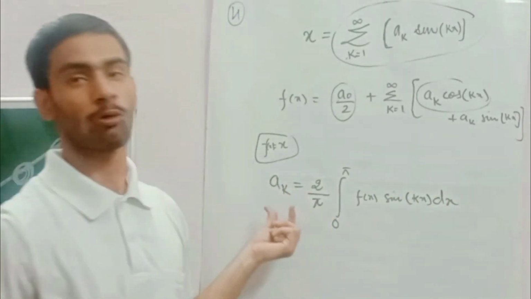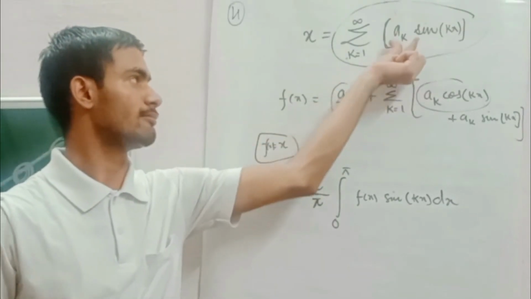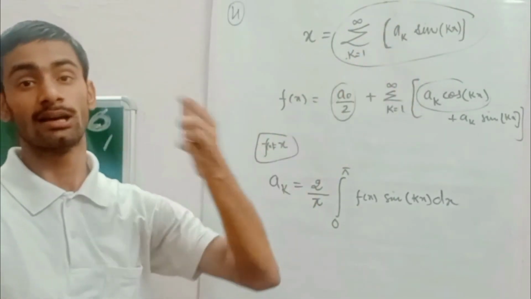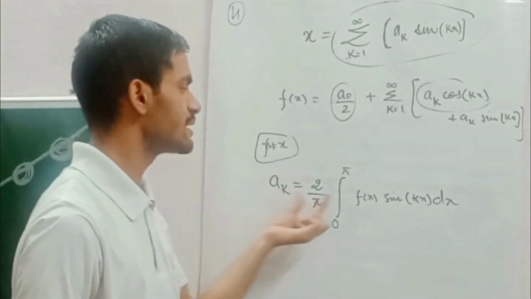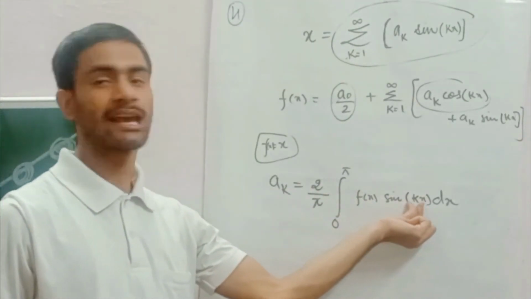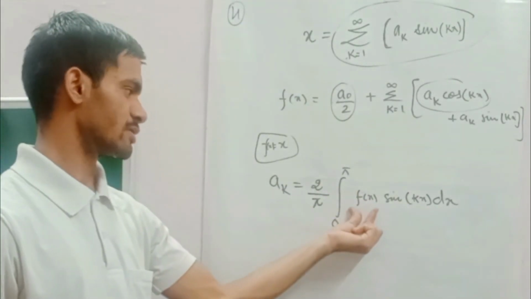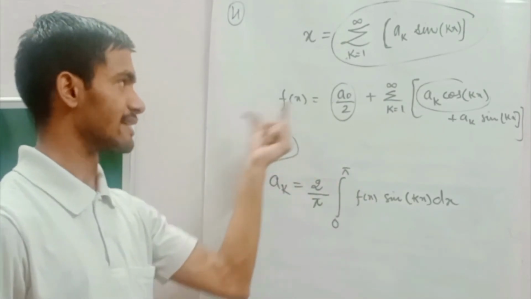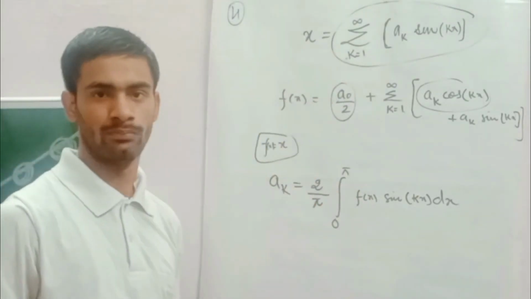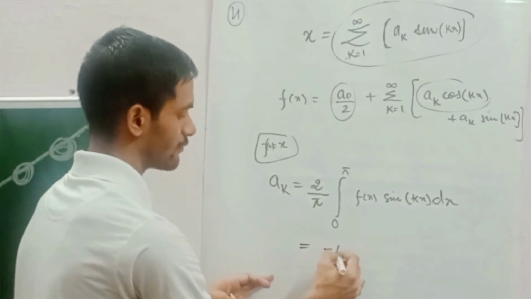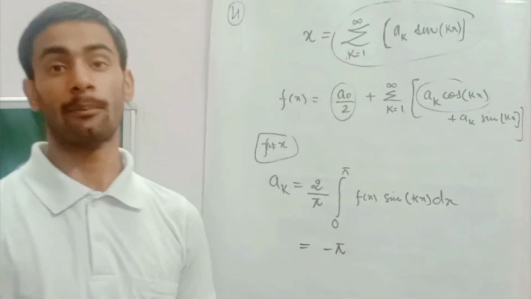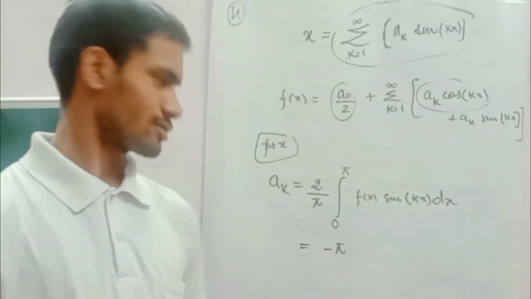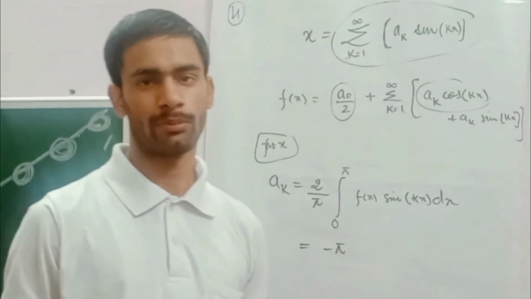This is going to give the coefficient of this term, and we were asked for the coefficient for k equal to 2. So by simply putting k equal to 2, where f of x equal to x by comparing these two, directly you will get the value as minus pi. So any type of objective can be made using this.